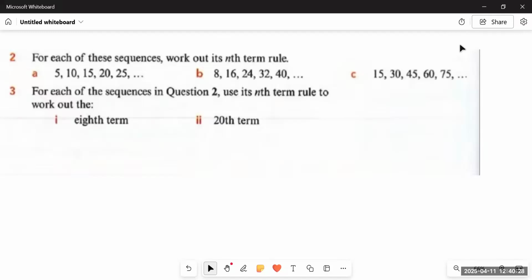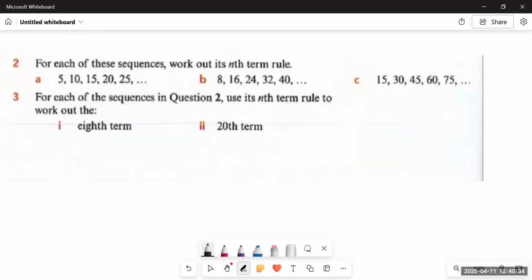Now let's talk about question number 2. In part A, they have given us the sequence 5, 10, 15, 20, 25, and so on. So if we talk about the nth term, what do we have to do?